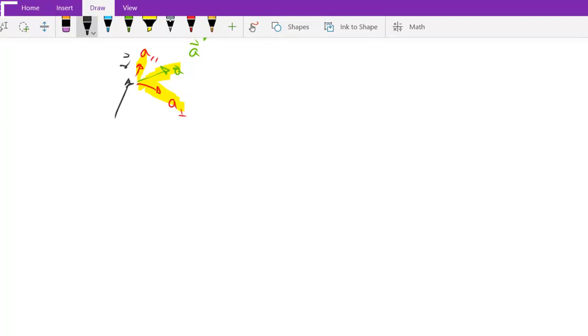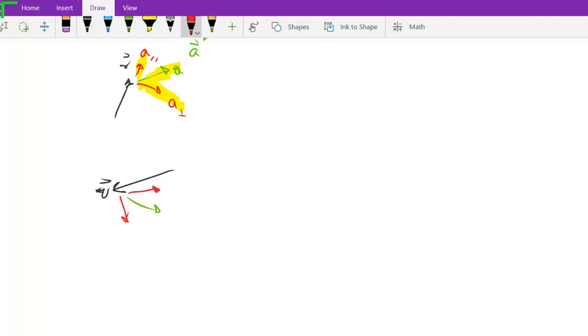Just doing another one here. Let's say we have a velocity which is like this, and say we have an acceleration which is like that maybe. Then this one would be slowing down and turning to its left, because we would have some portion of acceleration that way, some portion of acceleration this way.